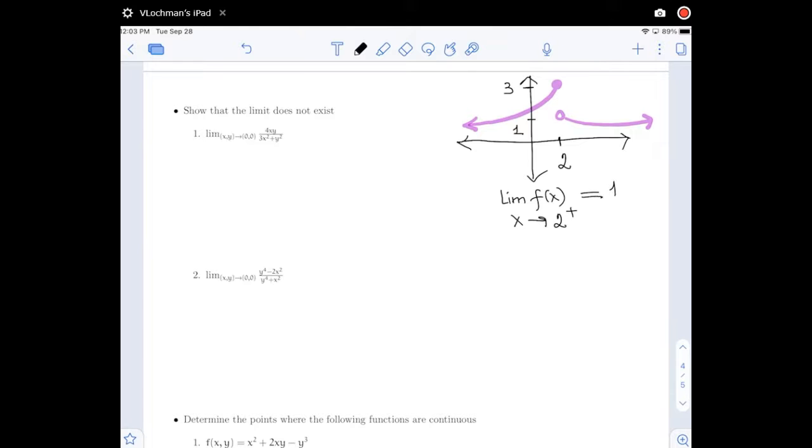Okay, what is the limit of this function as we're approaching 2 from the left? 3. Okay, what is the limit of f of x as x goes to 2?